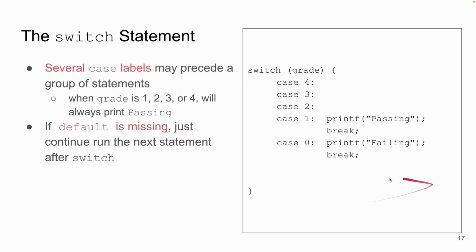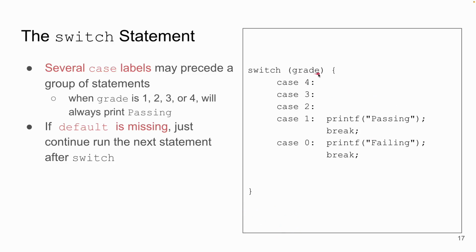In this case, you can see that we don't have the default case, right? If the default case in the switch statement is missing, then what the switch statement will do is continue to run the next statement after the switch. So the next statement might be something down here.